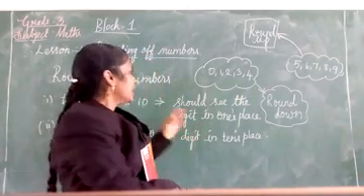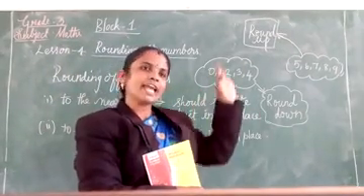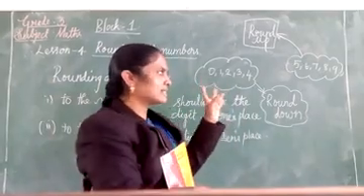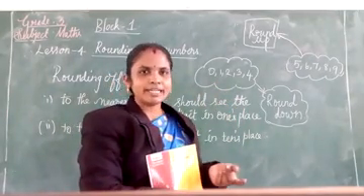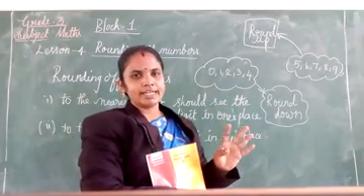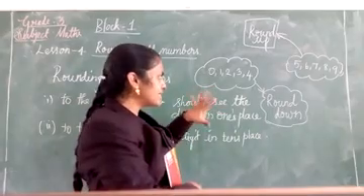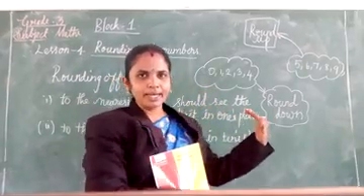If the digit is 5 or greater than 5, that is 6, 7, 8, 9, we should round up the number. Okay, shall we see this concept on a number line?